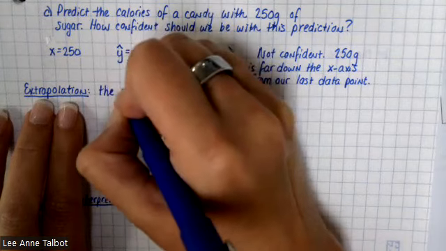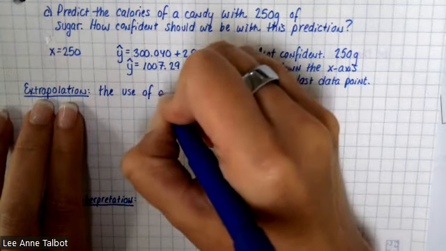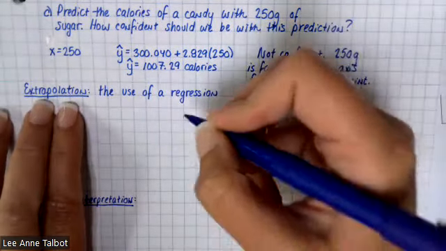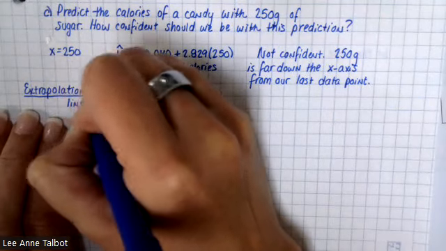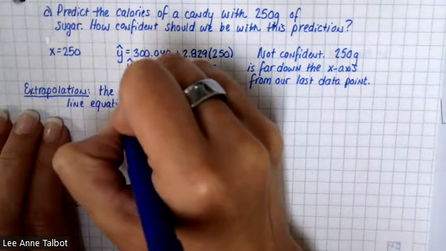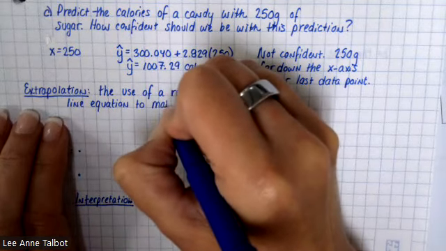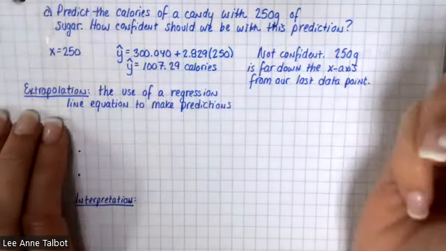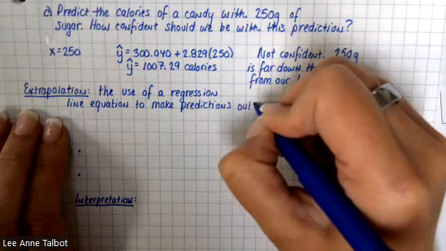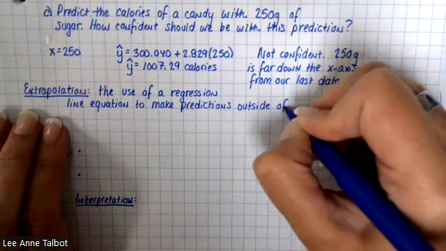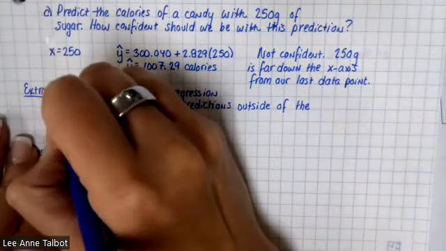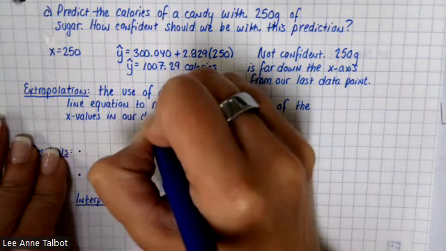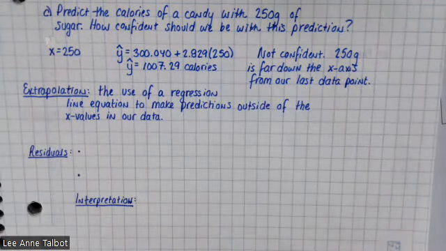Extrapolation is the use of a regression line equation to make predictions outside of the x values in our data.